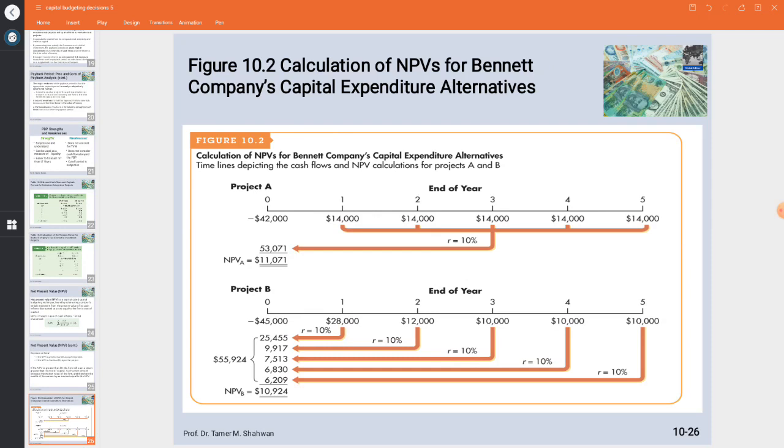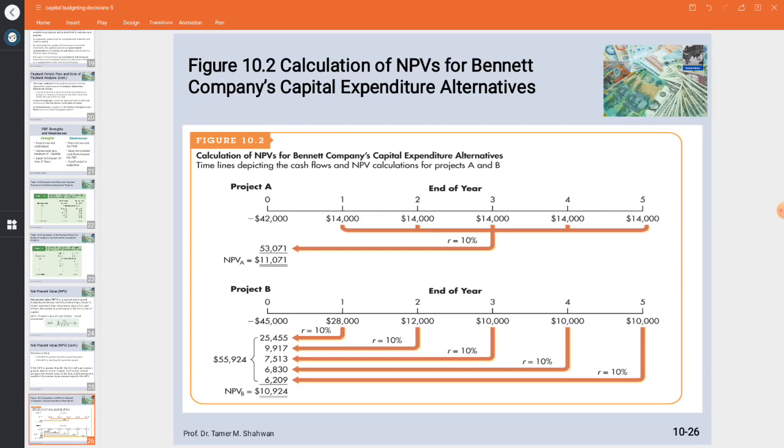The same situation applies in project B. Its NPV is equal to the PV of cash inflows minus the PV of cash outflows. In project B, we have 5 cash flows: 28,000, 12,000, 10,000, 10,000, 10,000.